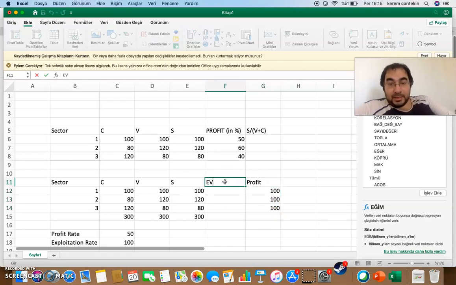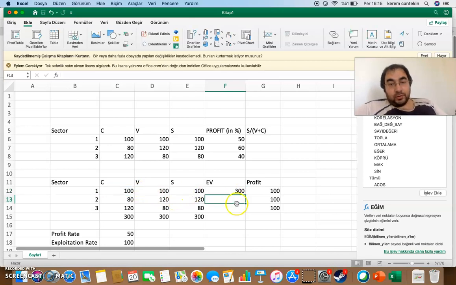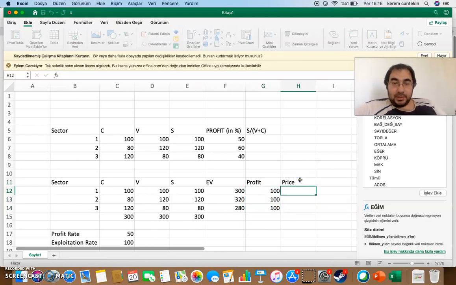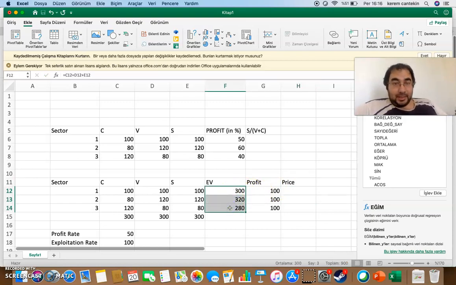By the way, exchange values of the commodities are C plus V plus S for the, of course, outputs of these sectors. And these are the profits, but when we calculate the actual price of these sectors, as you see, the exchange values are different. They are different because even though C plus V is the same in all cases, S is different in all cases also, which deviates the exchange values.